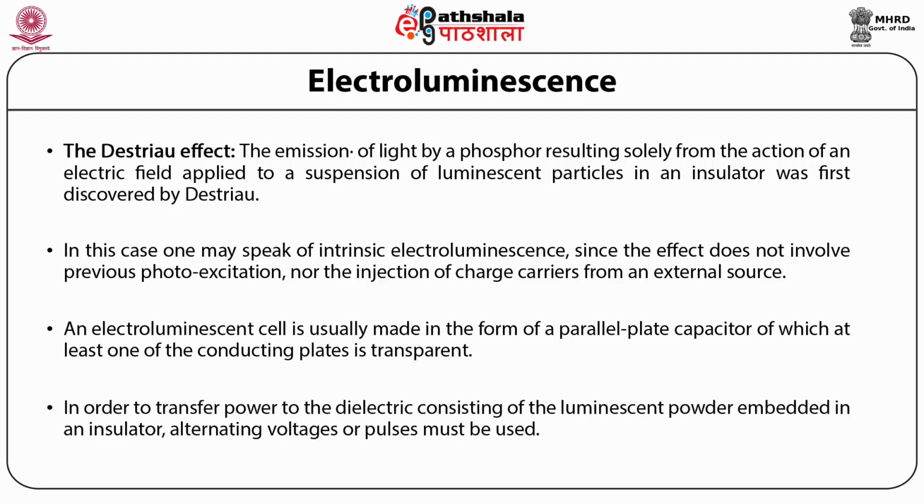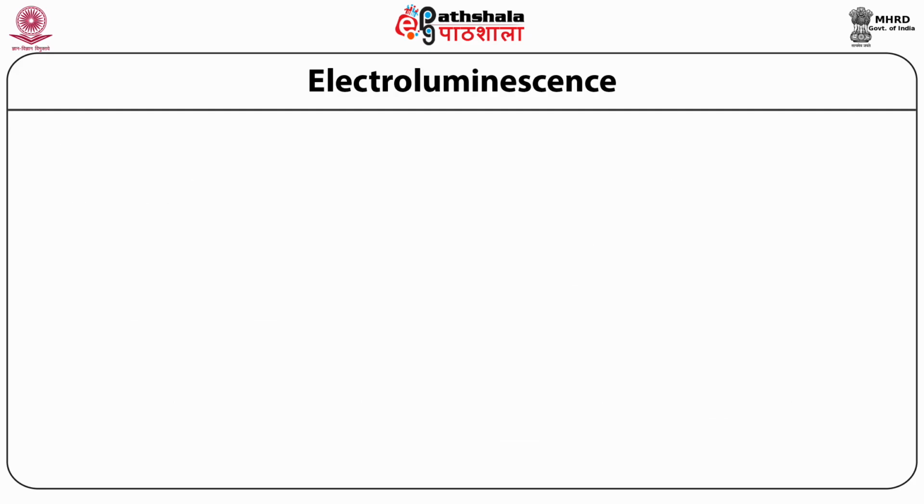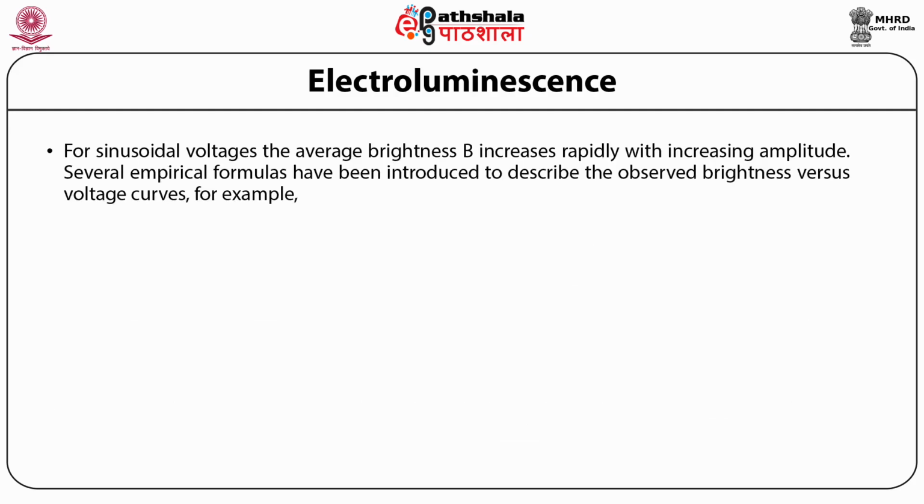In order to transfer power to the dielectric consisting of the luminescent powder embedded in an insulator, alternating voltages or pulses must be used. For sinusoidal voltages, the average brightness B increases rapidly with increasing amplitude. Several empirical formulas have been introduced to describe the observed brightness versus voltage curves.